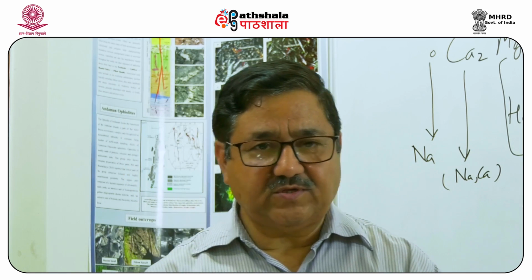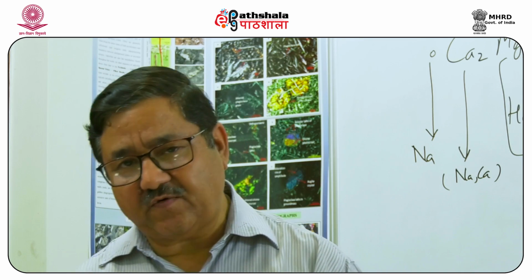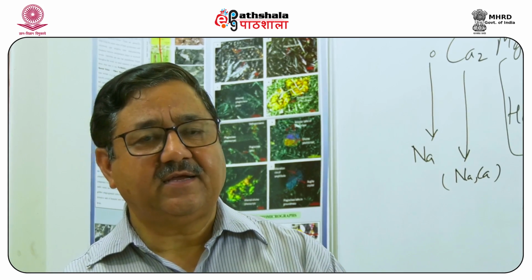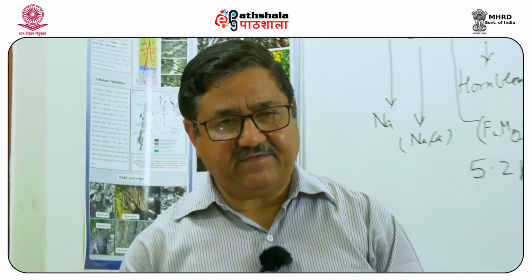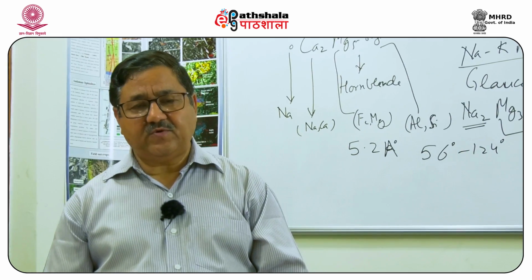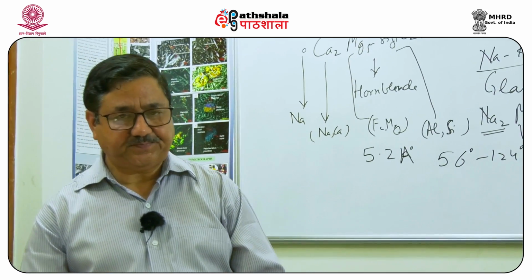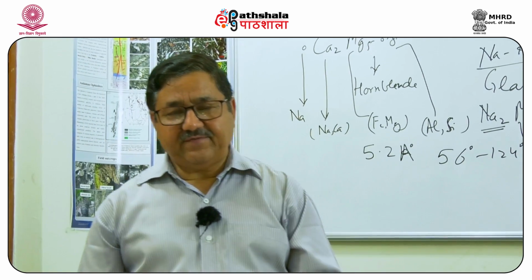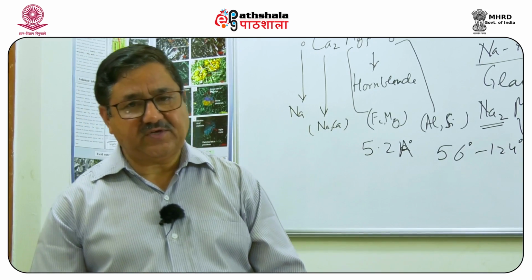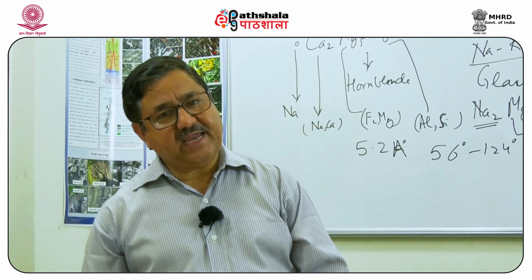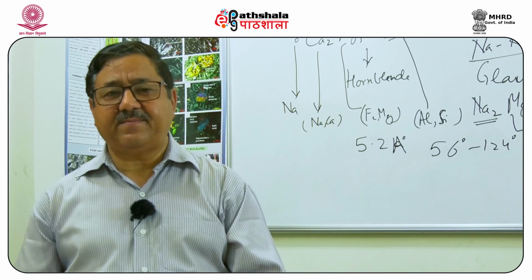The sodic amphiboles are often pleochroic in shades of blue, and their pleochroism combined with cleavage helps to distinguish them from pyroxenes. The amphiboles are useful petrogenetic indicators in both metamorphic and magmatic rocks.